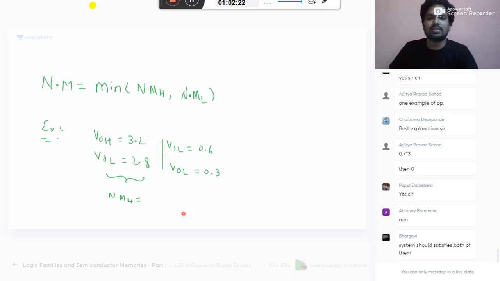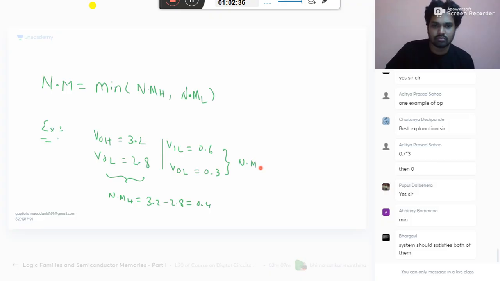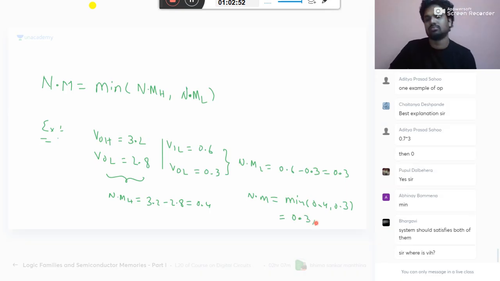High minimum. It is the difference of 3.2 and 2.8. Here it is the difference of. So what is the noise margin? In any case, it is say 0.4 and 0.3, the minimum, which is 0.3. Which is 0.3.